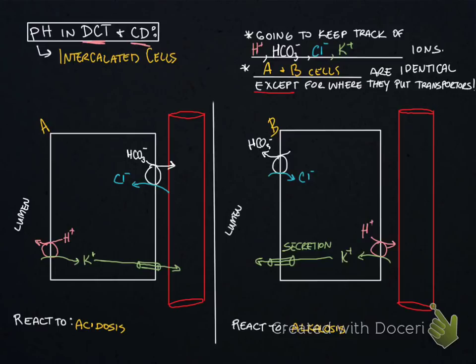When it is the other way, in specific, it is considered secretion. All right, so we secrete potassium ions in order to increase hydrogen ions in the blood, raising pH. All right, so know what each type of cell does. I will ask you a question about this.